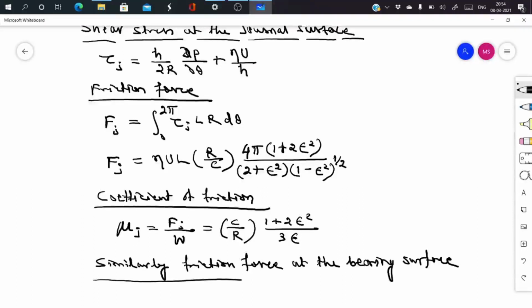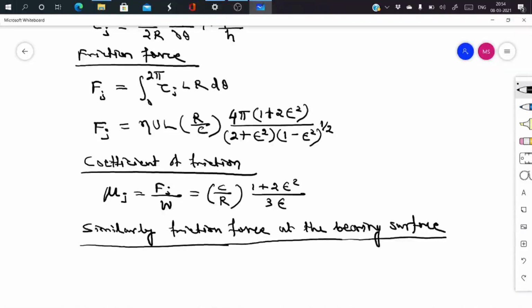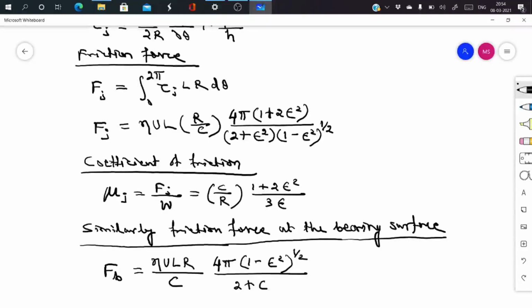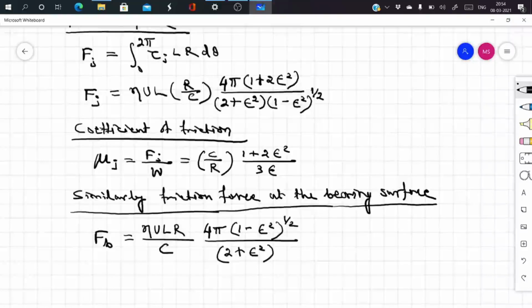If you calculate the friction force in a very similar way, the way we calculated for the journal surface, you will find Fb equal to ... two plus epsilon square. Okay, so there is a difference between the friction force at the journal surface and the friction force at the bearing surface.